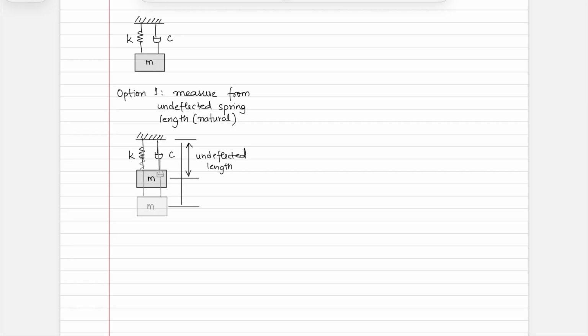This new position here is, let's say that the undeflected length is L. This here is L plus delta L. There is the stretched spring length due to gravity.